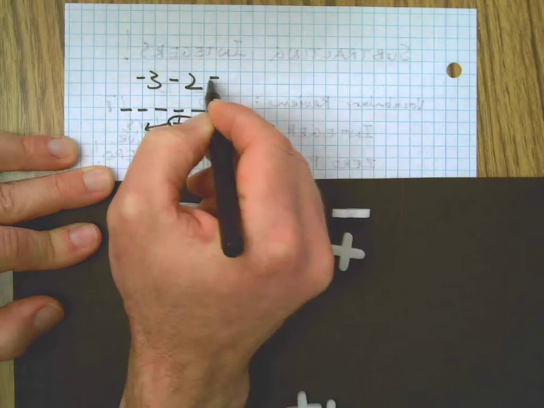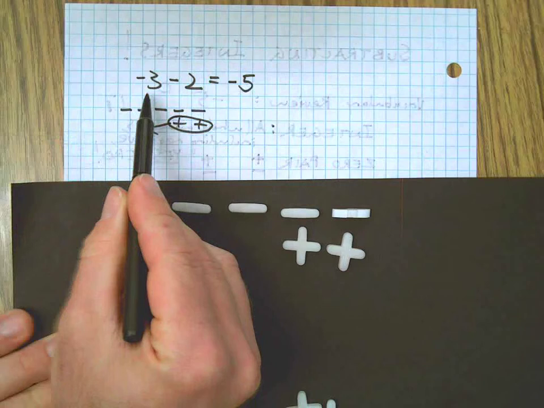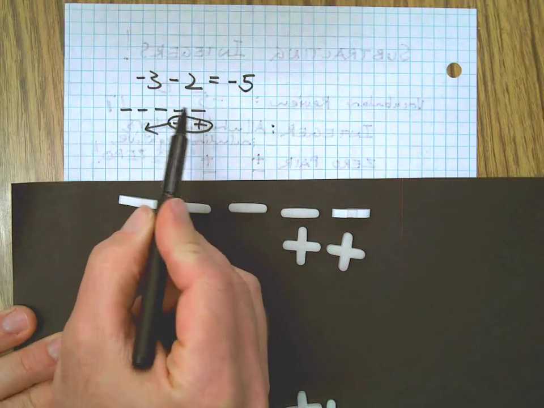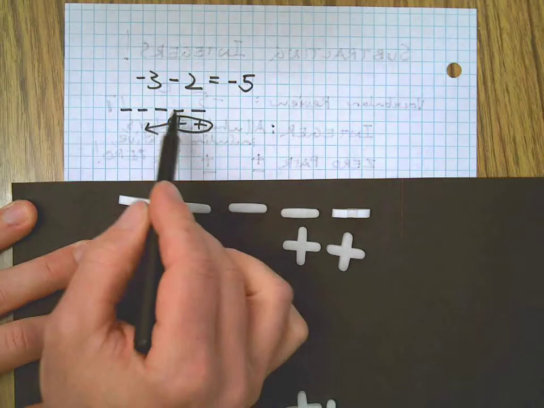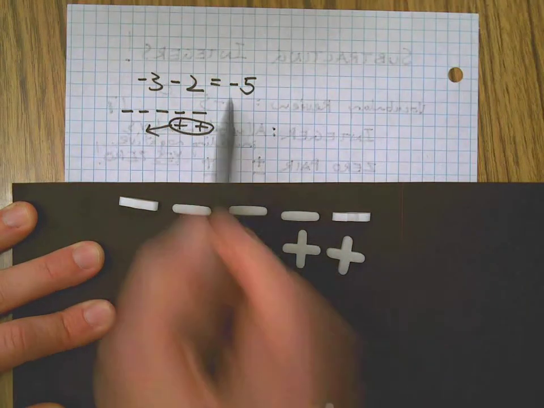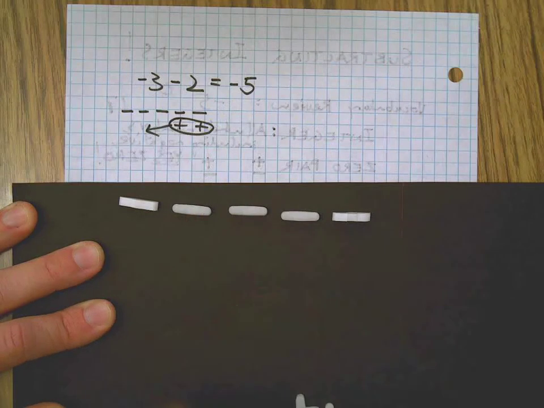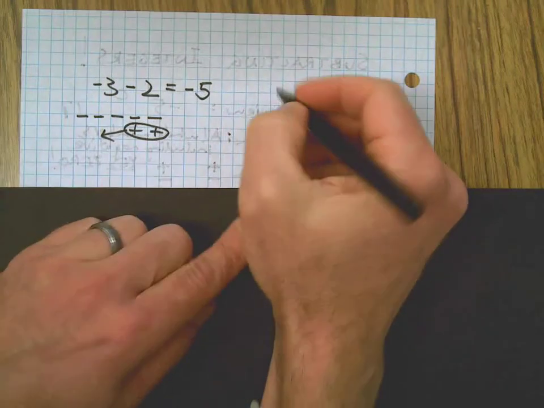And what's left is the answer, which is -5. So I started with 3 negatives. I took away 2 positives. It's like magic. I took away something that's not there through the magic of zero pairs. And it reveals the answer quite easily, right? You take them away, there's the answer. So cool.